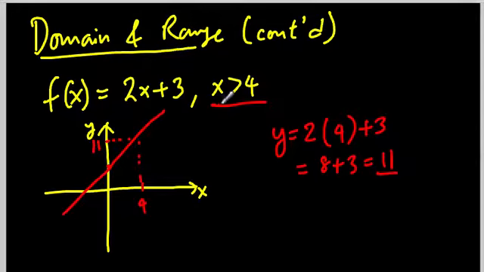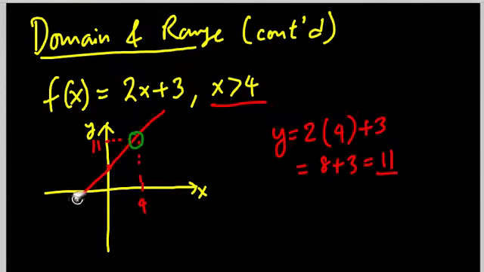All right, let's look at this a little more closely. We know that x has to be greater than 4, not equal to. So maybe I'll use a different color. Over here, this has to be an open circle. And it can only exist after 4. It cannot exist before 4. So we have to erase a significant portion.